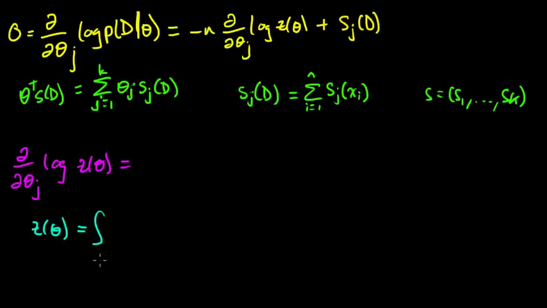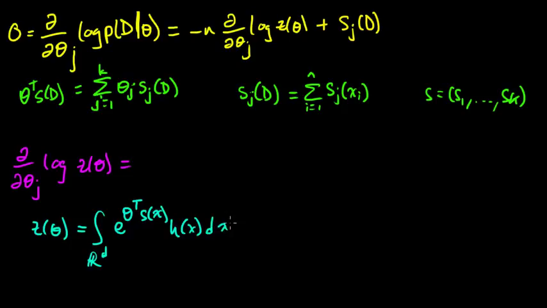equals the integral over R^d of e to the theta transpose s of x, h of x, because if we divide by Z of theta, then this becomes p sub theta of x, and it has to equal 1.